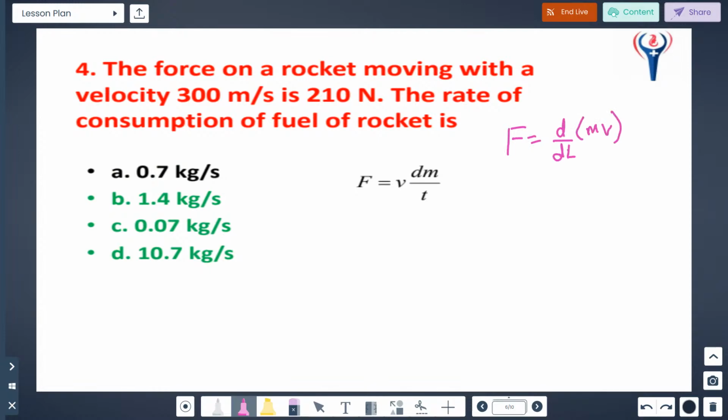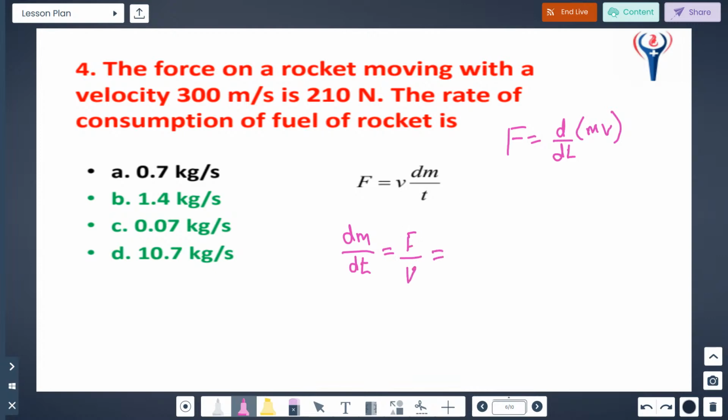And here velocity is constant, there we have change in the mass. That is F equal to v into dm by dt. From that you want to find rate of consumption of fuel, that is dm by dt equal to F by V.